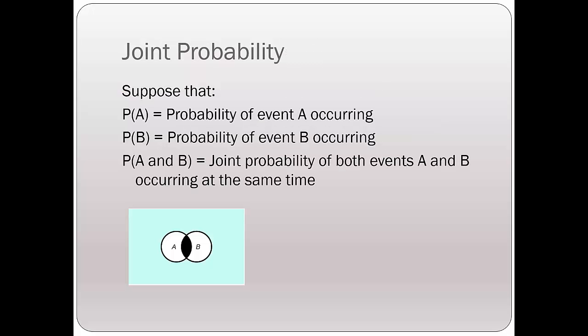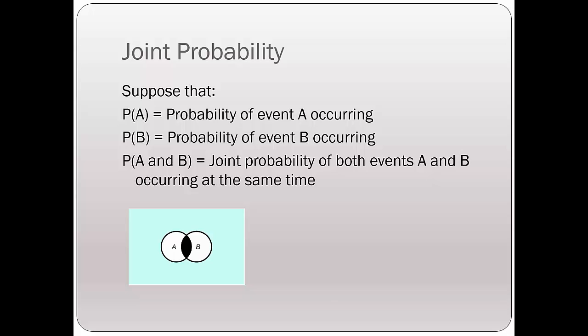Okay. Now let's look at the definition of what is called joint probability. Suppose you have 2 different events. So you have event A and the probability of A, and then you have event B and the probability of that event occurring. Now the joint probability of A and B is defined as the probability that both A and B will be true.